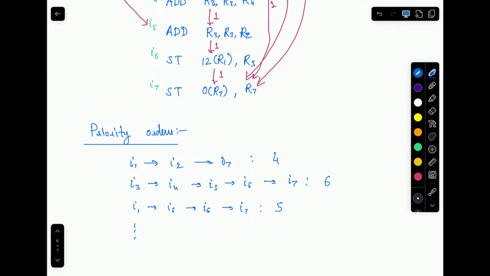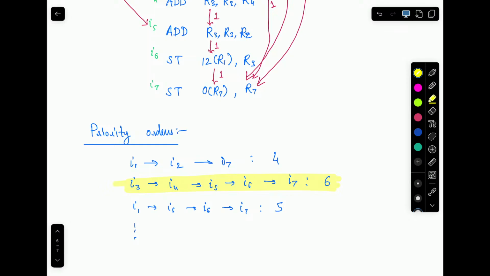And now I see that, oh, this path looks interesting, isn't it? This is the longest path. Maybe I should start executing from this path. Won't that make sense? So let us say we generate some paths and we take the path that has the highest cost, which is the most critical path here.